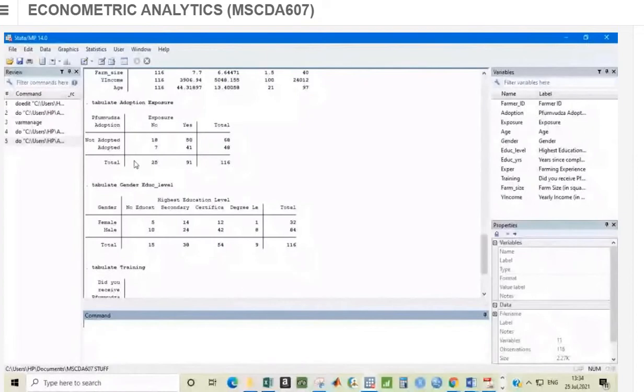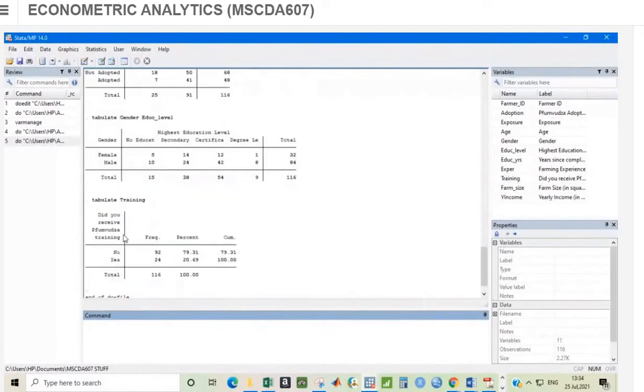And we've got 7 who have been exposed to Fumvuza and actually adopted Fumvuza. And in total, we've got 68 people who have not adopted Fumvuza, you see. And 91 have been exposed to it. So this is the general tabulation up to here.